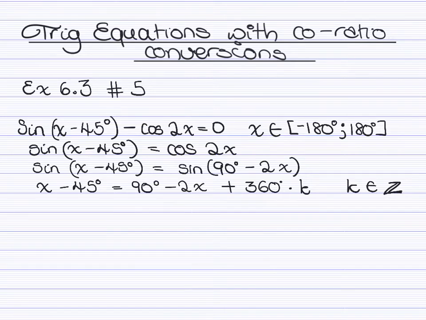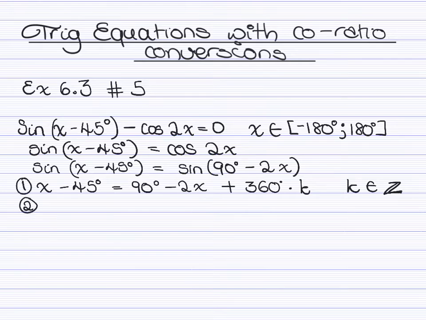From there, we are going to also consider the other general solution. So this is the first one because your sine has two general solutions. So this is the first one, I'll label it 1.